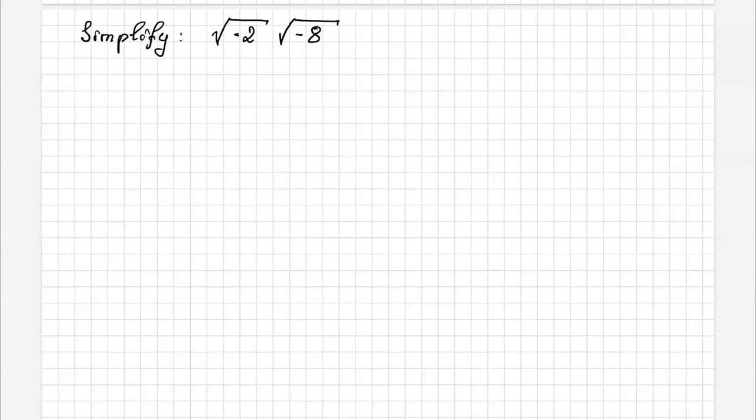So the square root of negative 2 turns out to be the square root of negative 1 times 2, which is the square root of negative 1 times the square root of 2. And that turns out to be I times the square root of 2.